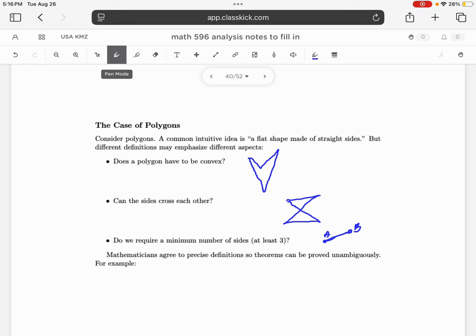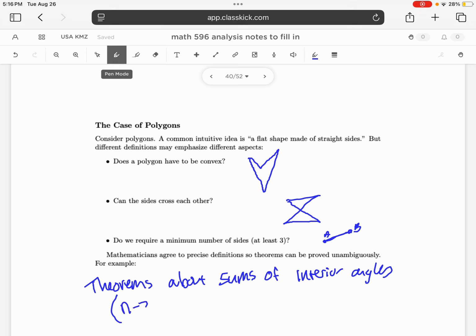As an example, if we want to look at theorems about the sums of interior angles of a polygon, I'm sure you've seen the theorem that the sum of the interior angles of an n-gon, the degrees of the measures of the interior angles of an n-gon, is n minus 2 times 180, or maybe 180 times n minus 360.